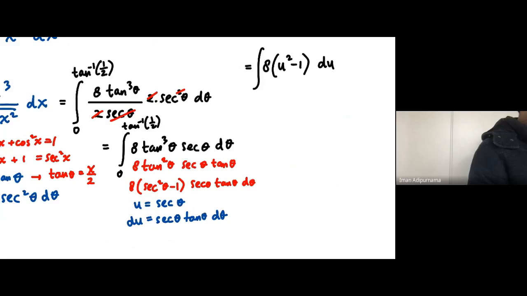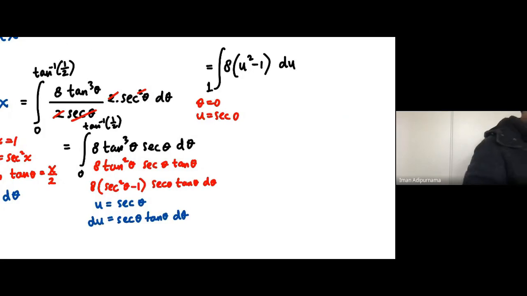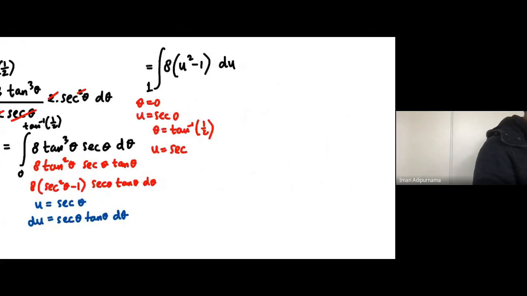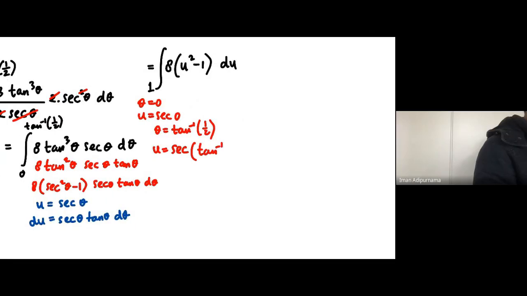Okay. Now we also need to change the limits. So theta is 0, so u is secant 0. Secant 0 is 1, so the bottom is 1. Theta is tangent inverse of a half. U is secant of tangent inverse of a half. What is this?